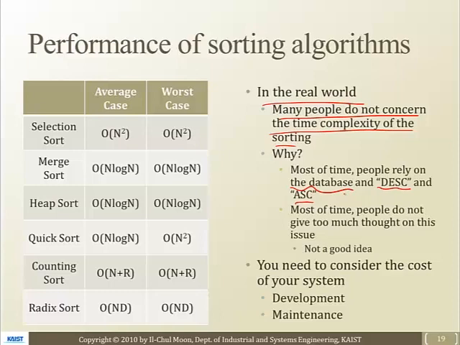So most of the time, people do not give too much thought to this issue. However, you have to know the core of this operation, the time complexity, so that you can compare and consider the cost of your system in terms of development as well as maintenance cost.